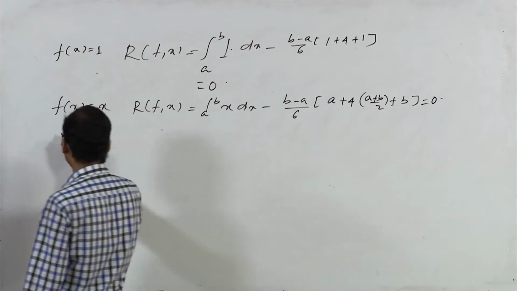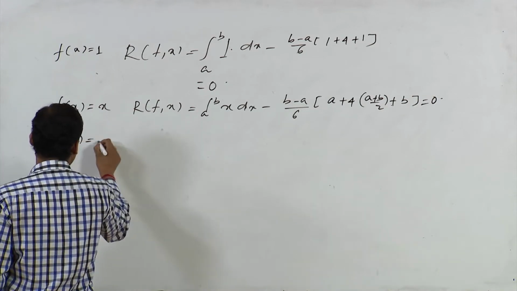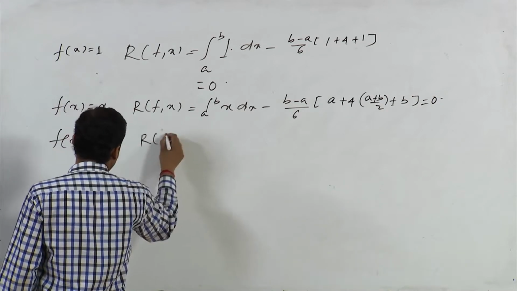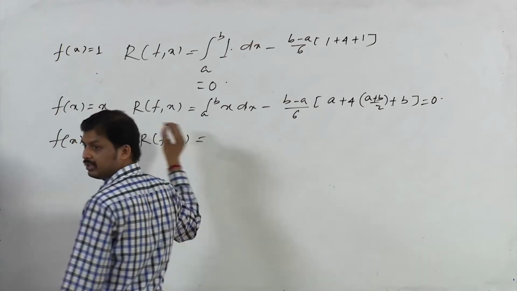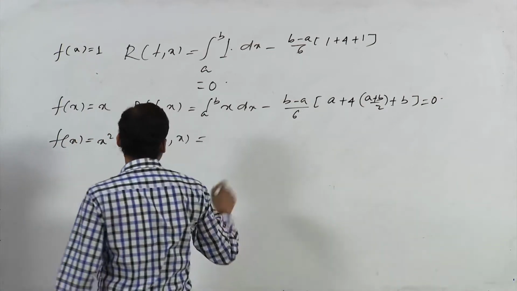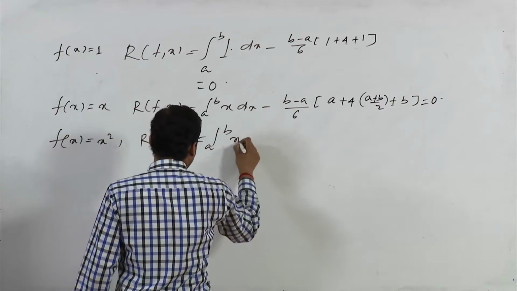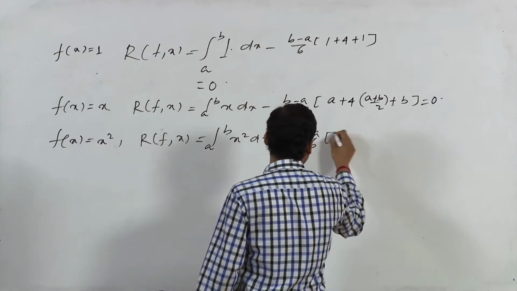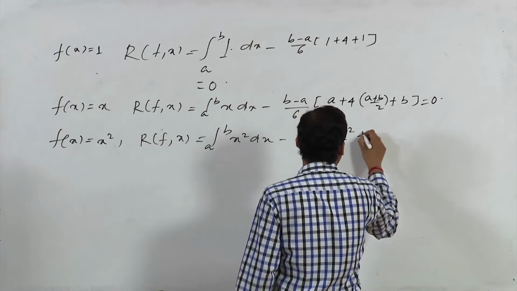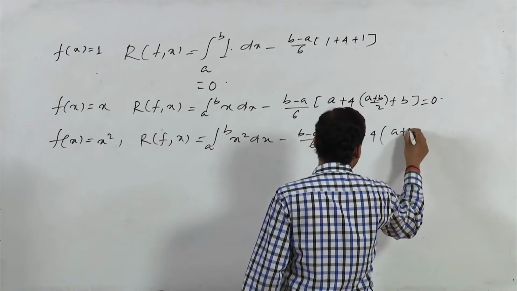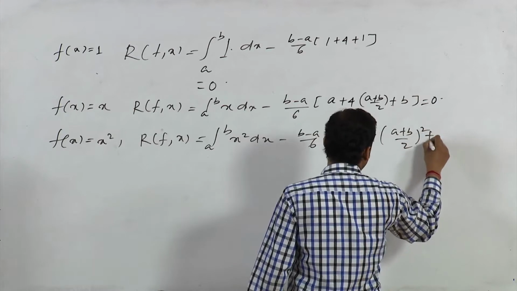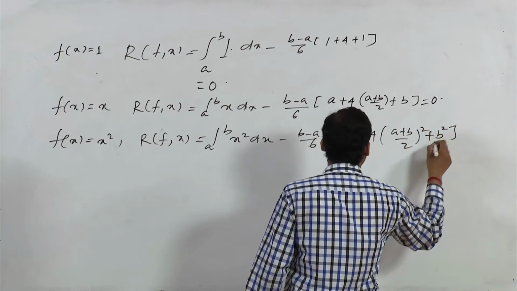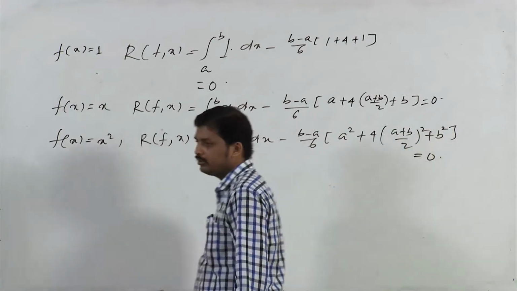Similarly, consider f of x equals x square. Then r of f of x is the integral from a to b of x square dx minus b minus a by 6 times a square plus 4 ((a plus b) by 2) whole square plus b square. This will also give you 0 value.